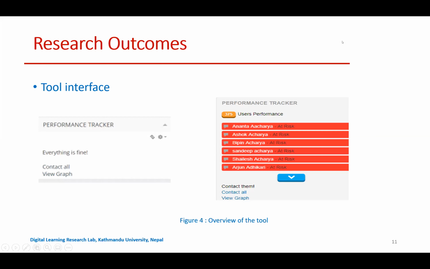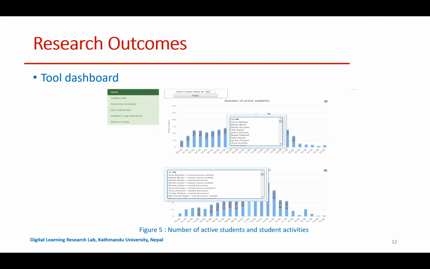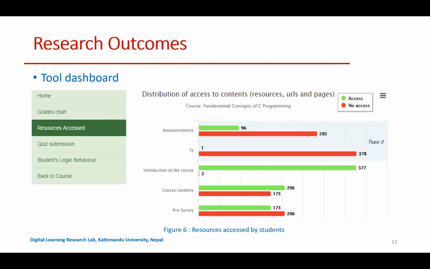And in addition to this, educators can also visualize what activities are going on in their course. For example, they can see what time of day students are accessing the course, how many students are active in the course, and the resources that they are accessing.